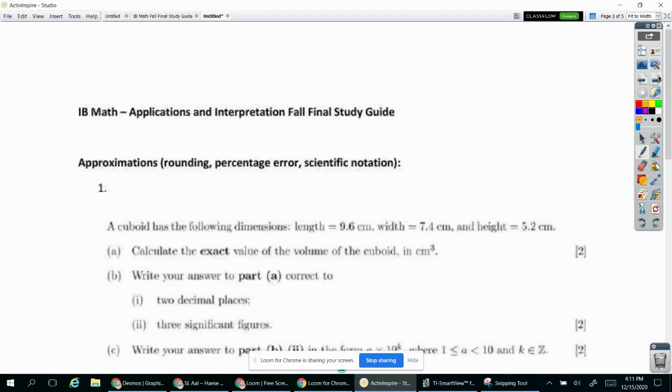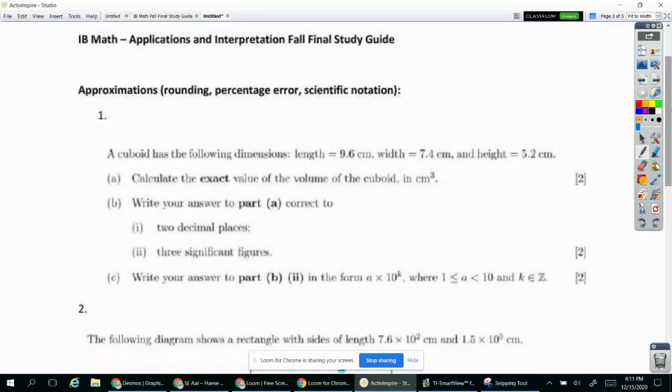All right, let's look at another type of problem. A cuboid has the following dimensions: length, width, and height. What is a cuboid? It's simply a rectangular box, so we know how to find the volume. The volume is going to be the length times the width times the height.